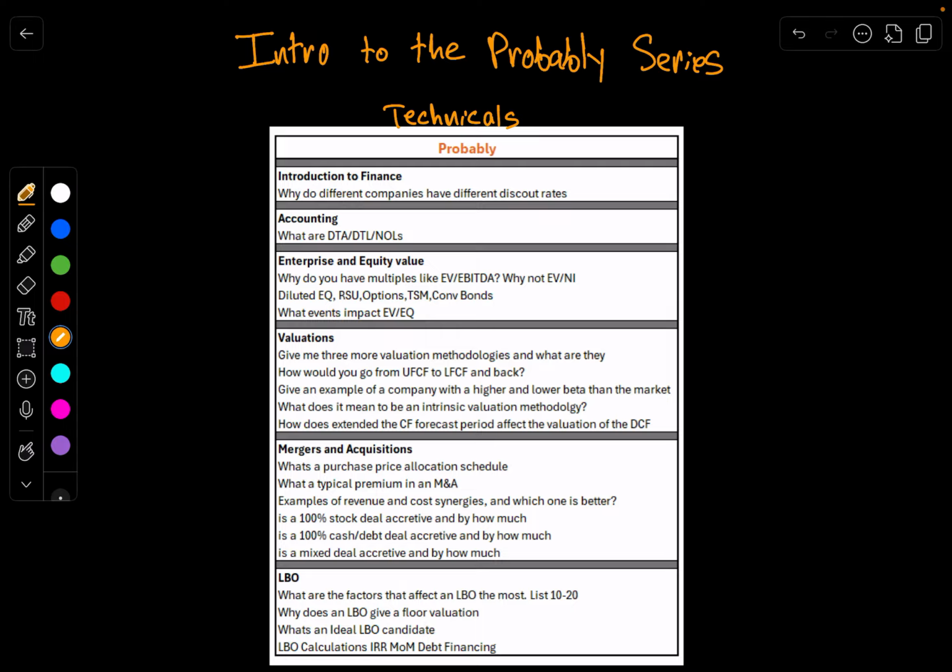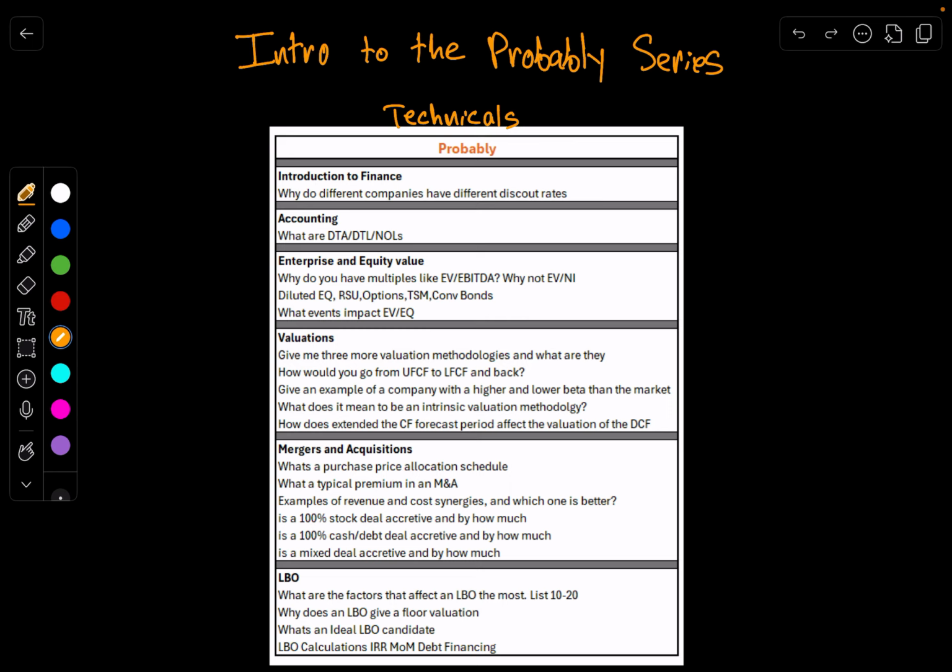And then we're moving on to LBOs, right? A really common question that was actually asked is what are 10 to 20 factors that affect the valuation or affect the return on an LBO, right? We're also going to be talking about why an LBO gives a floor valuation, which might be more tied in with the valuation space up there.